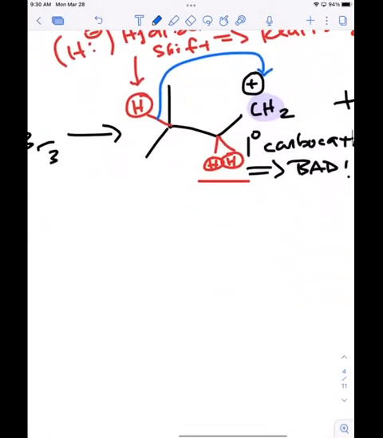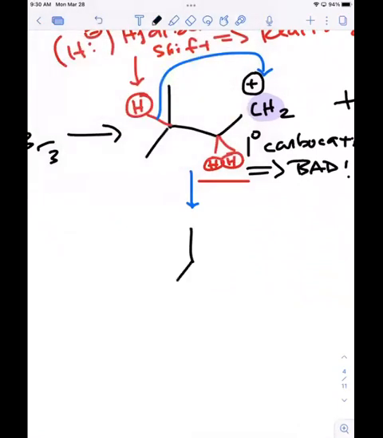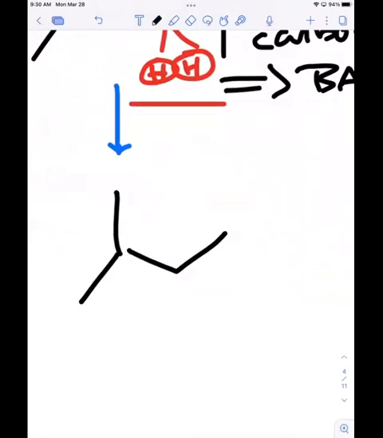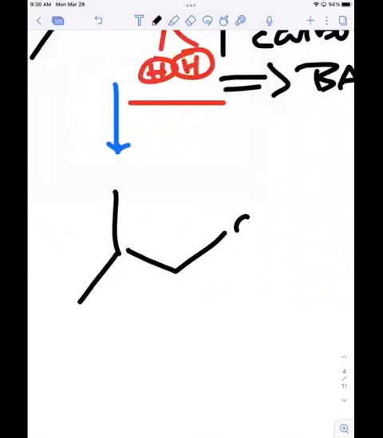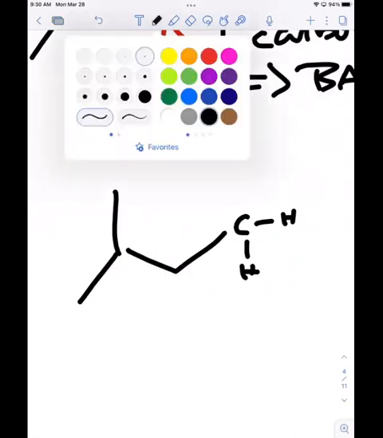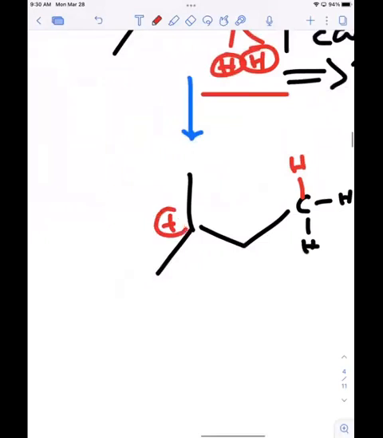And that in turn is going to give me a new carbocation. This is now going to become CH3, and the plus charge is now going to be here.